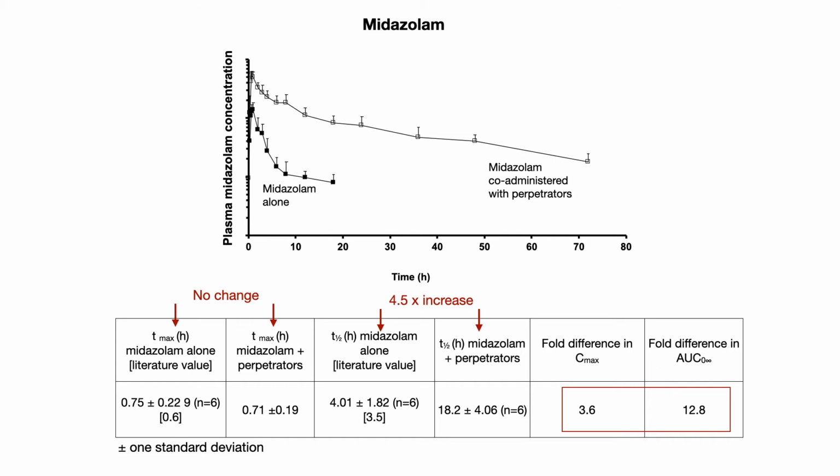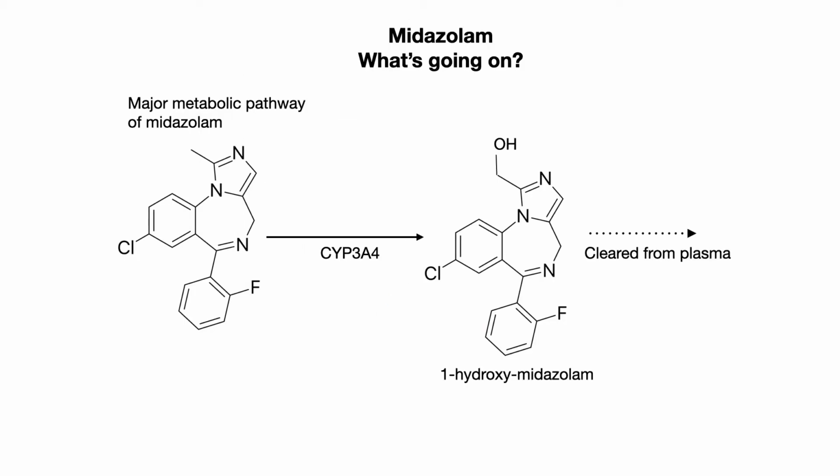So what's going on with midazolam? Well, midazolam is cleared through metabolism, and midazolam is cleared by a reaction with CYP3A4. It's a hydroxylation. There are then subsequent metabolic reactions before it's cleared, but it's initiated by CYP3A4.